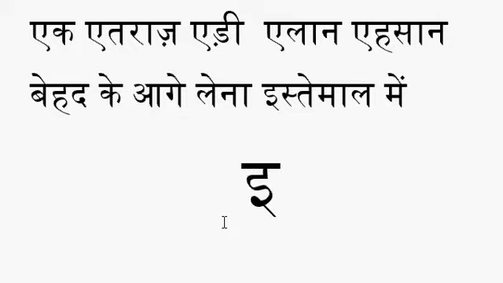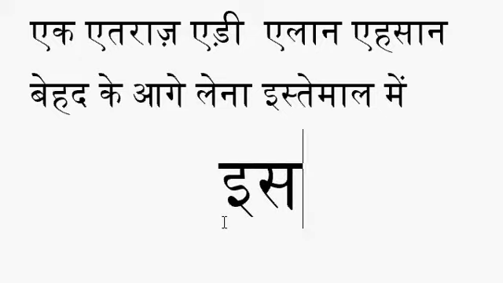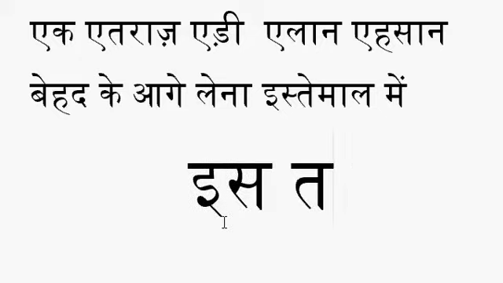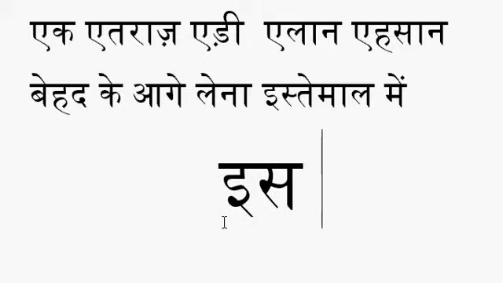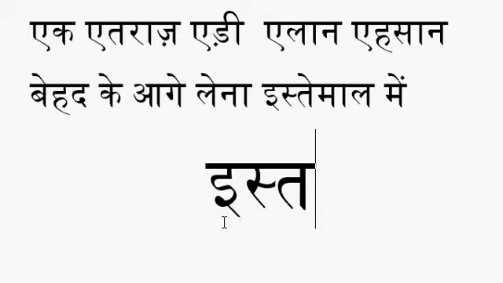Okay, we have a conjunct here. We haven't covered conjuncts yet, but essentially it's a sa and a ta together. Notice what happens when I put them together: the sa becomes half, and the ta stays the same. So it's ste. The vowel sound goes to the ta.